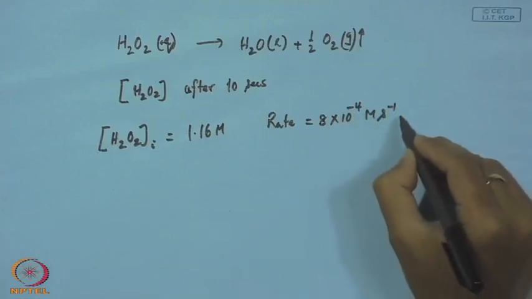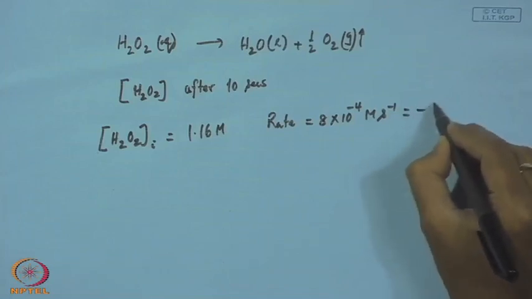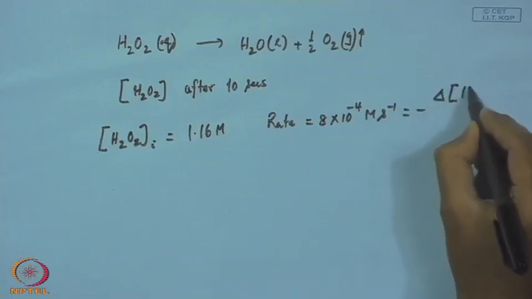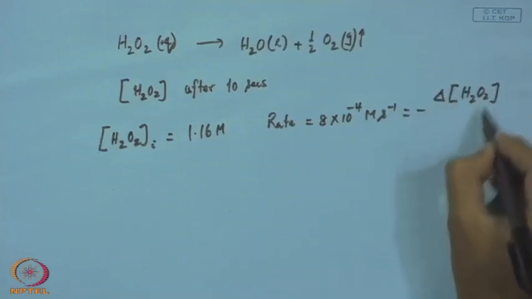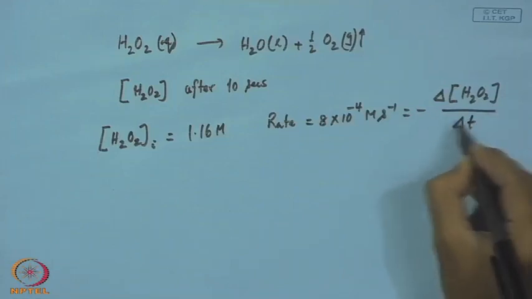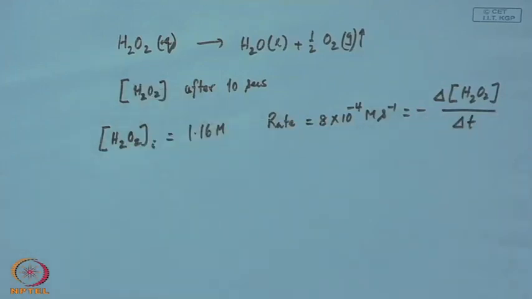Okay. So, which is equal to minus of delta H2O2 divided by delta t, why minus? Because it is depleting. Okay.